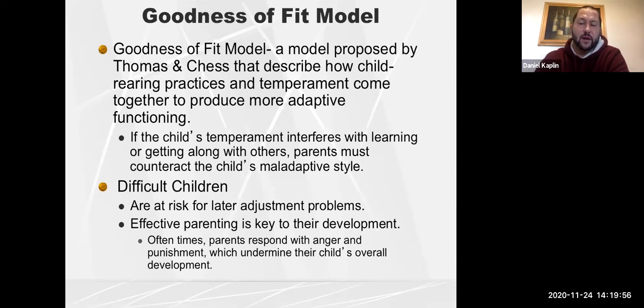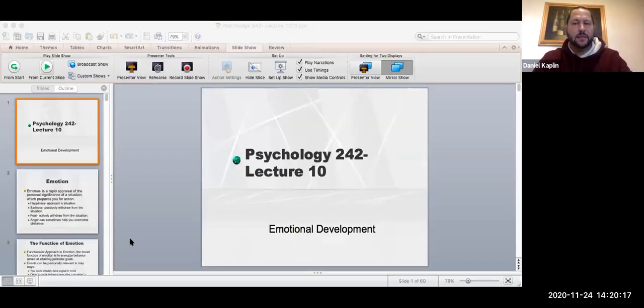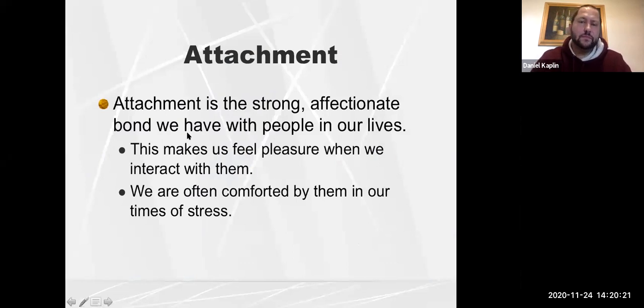However, many times parents respond with anger and punishment, which actually interferes with the child's overall development. So it plays into a cycle of further difficulty with the child, which leads to further anger and punishment from the parents. So it creates a cycle. I'd like to continue.